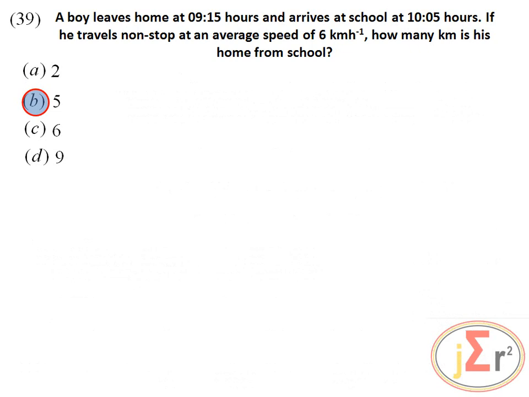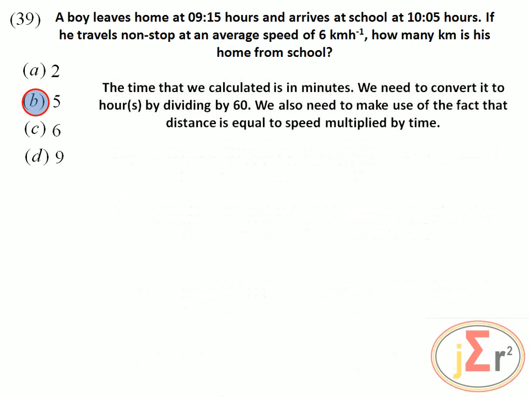Although there is no option that is capturing such a mistake, we will still need, if we are going to make our calculation correctly, to consider that the speed is in kilometers per hour and the time given is in minutes.